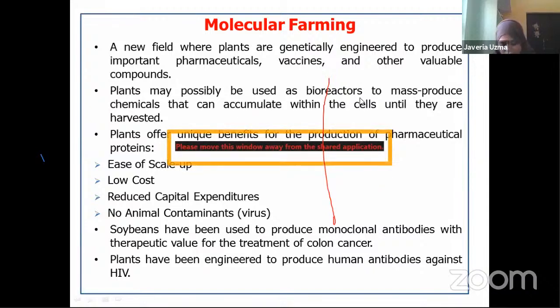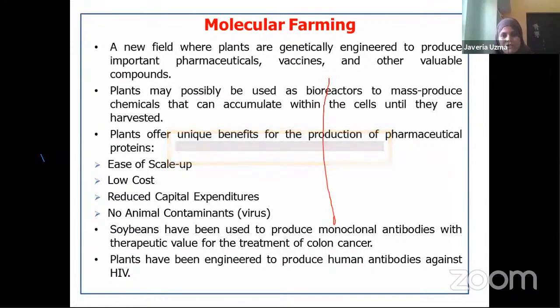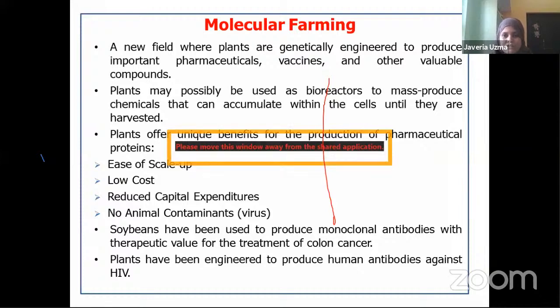So normally bioreactors which are present in bio industries are very expensive, and in their place plants are getting introduced, because plants can be easily grown in farms, whereas for bioreactors you have to maintain industries, you have to maintain very sterile conditions, because any contaminant in that will damage all the product.